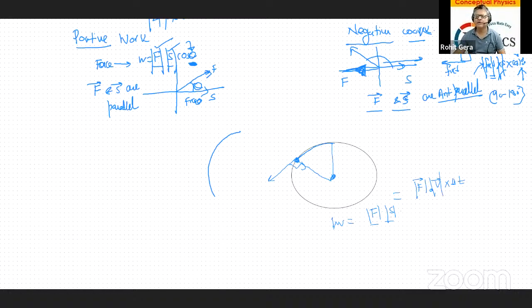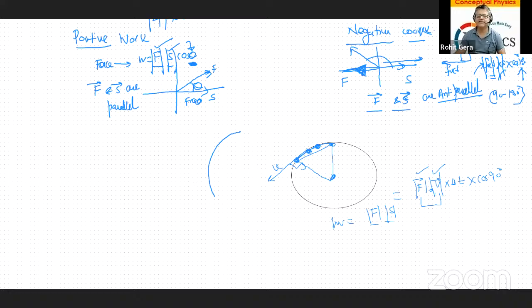Displacement, multiplied by cos of 90, because velocity and force are always at 90 degree. So there is this displacement, right? But at every point, if you notice, this work is not zero because your displacement is zero. You're back to the same point. This work is zero because at every point the velocity and force are making an angle of 90 degree.